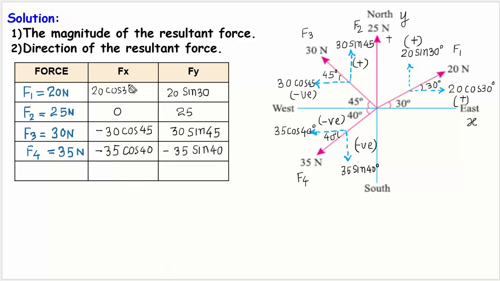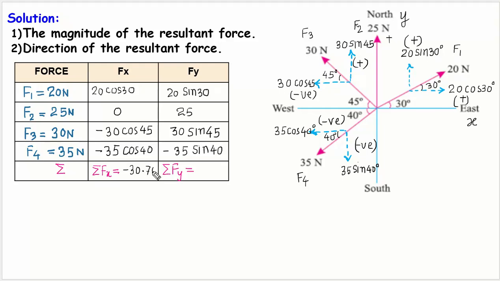So now we have to find the summation of all these values. Here you'll be getting the summation of Fx, and here the summation of Fy. If you add these quantities, you'll get minus 30.70 newtons for the summation of Fx, and minus 33.72 newtons for the summation of Fy.